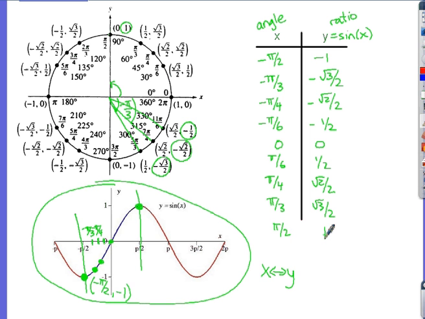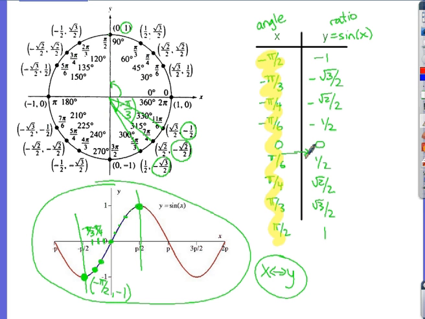So all we've done is made a table of values for the points that are on the regular old sine graph. If we want to draw the inverse, like I said before, we just switch the x and the y. Take all these x values here, and move them over so they become the y values over on this side, and vice versa as well.